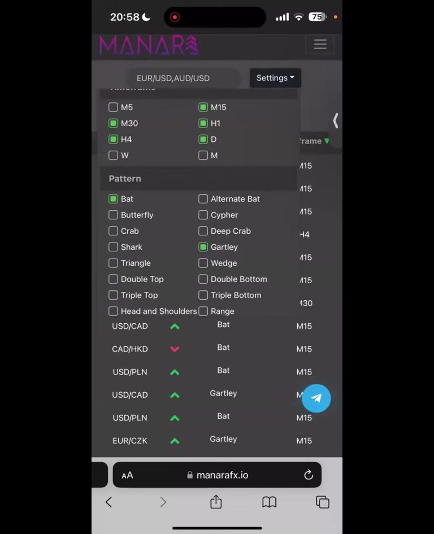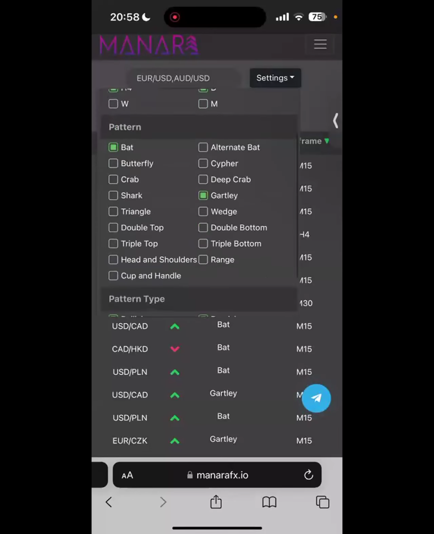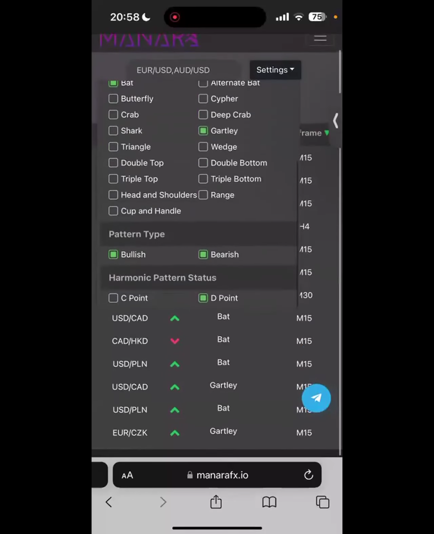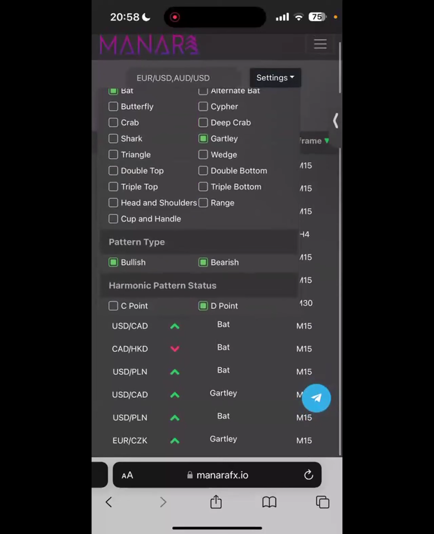Scroll down Chisom so that he can see everything. So pattern type, bullish and bearish, you have to turn off unknown on monitor. Then when you get to notification, same thing, and your harmonic pattern status is D point, right? Feel free to also take a screenshot if that's more convenient for you.